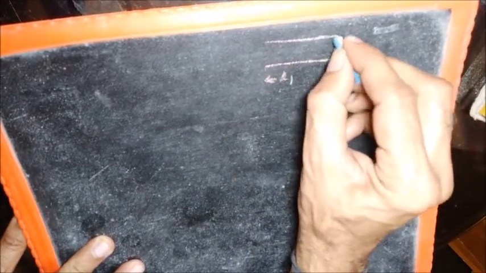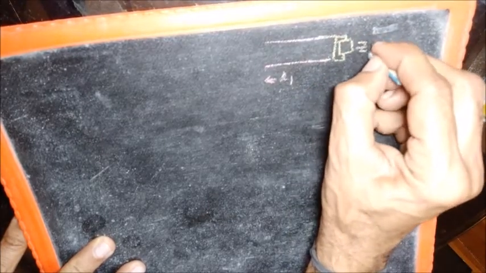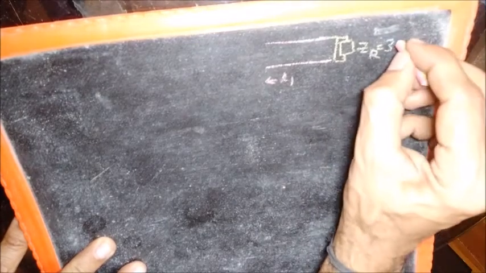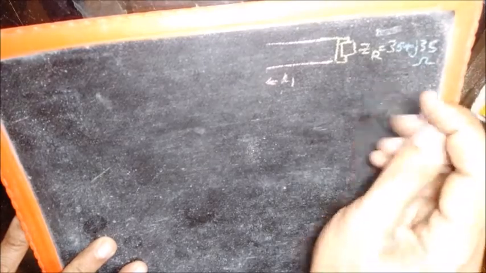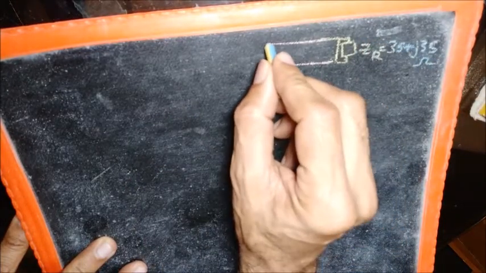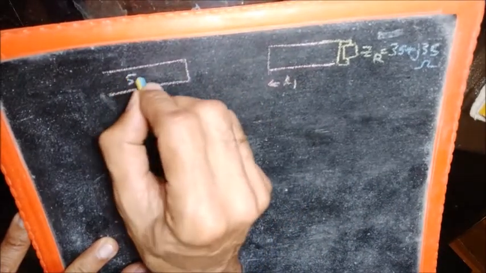There is a transmission line of certain length L1 to which we have connected a load ZR, 35 plus J35 ohms, which represents the antenna, and then there is a 50 ohm line.